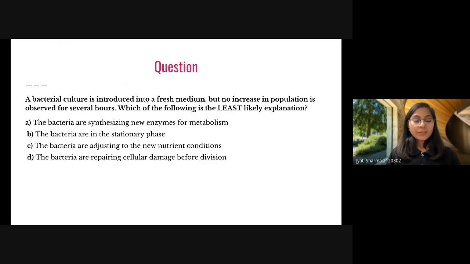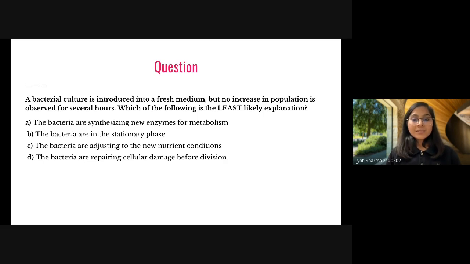Okay, then again we have a question on the bacterial growth curve. I think we have one last question on this, and then we will move to another topic. The question is: a bacterial culture is introduced into a fresh medium, but no increase in population is observed for several hours.